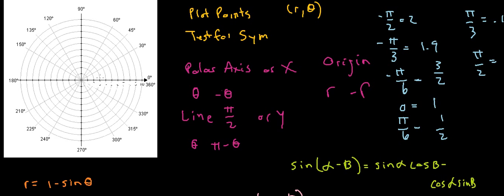I got 1, 2, 3, 4, 5. So I'll just say 1, 2, 3 of these is 1, so this is 2. So it'll actually be a little bit visible. And this is in stupid degrees. Oh well. Minus pi over 2 was 2.